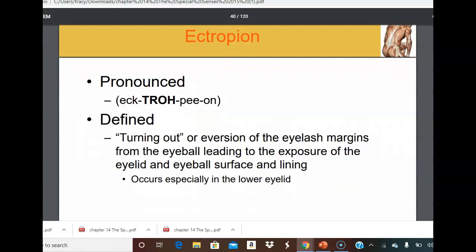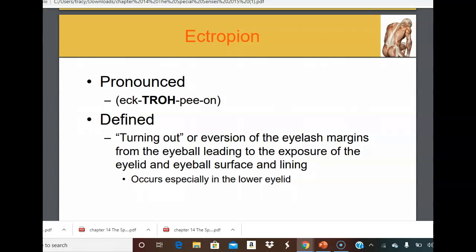Okay, so we have a couple of structural things that can occur with the eyelid itself. There are situations, usually more common in the elderly population, where we have changes in the actual structure of the eyelid. And so we have something called an ectropion. Ectropion refers to a turning out, or an eversion, of the eyelid margin from the eyeball.